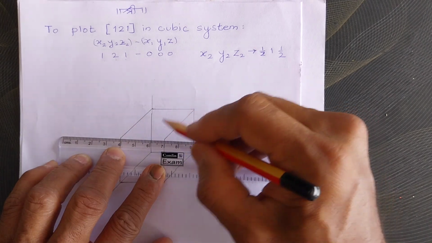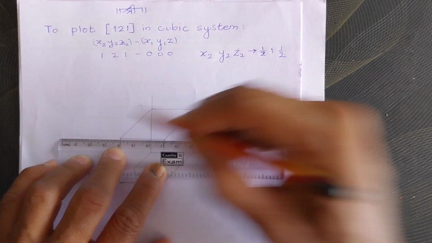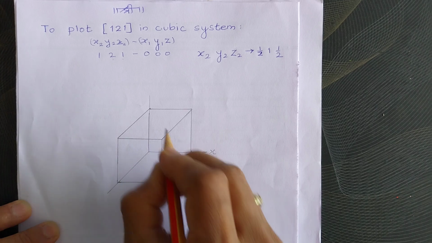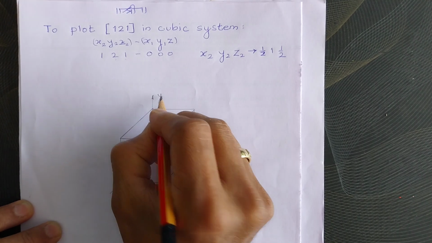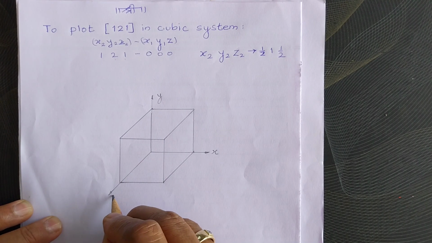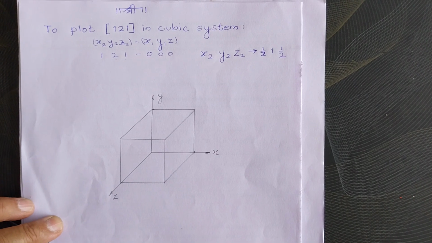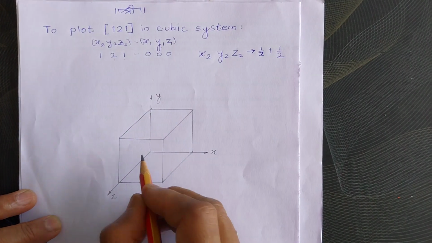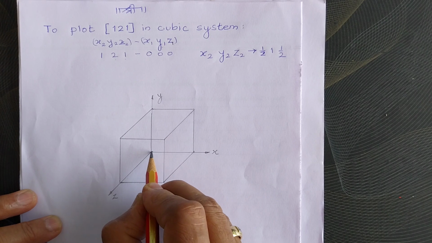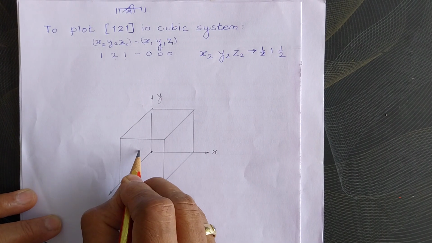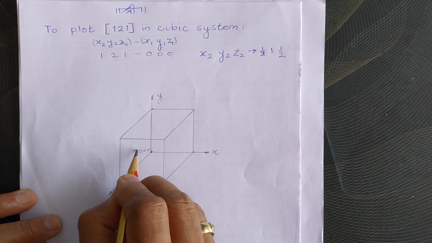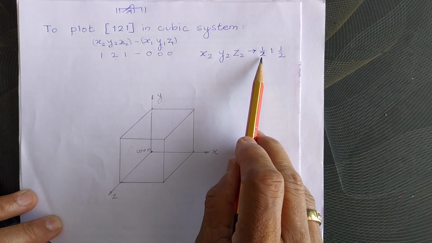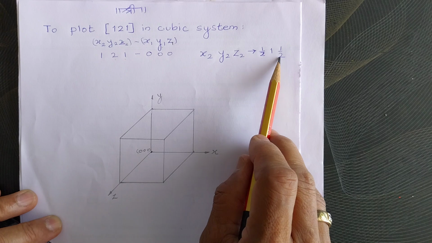the axis. So in this case, our axis system here is x-axis, y-axis and z-axis. So as mentioned, the x1, y1, z1 coordinates here, this is the first point, origin. So we have 0, 0, 0 as coordinates, and the second coordinate that we need to plot is half, 1 and half.